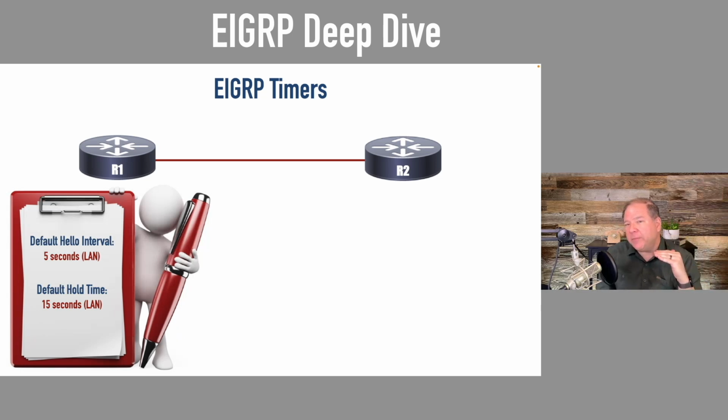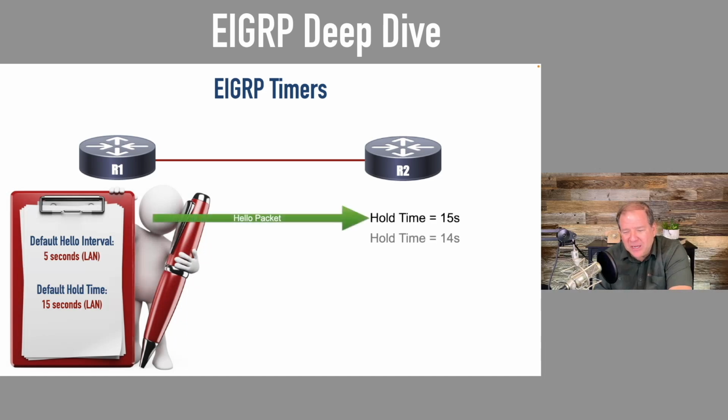And if I've not heard from that neighbor, by default, we can change it, but by default, if I've not heard from that neighbor within 15 seconds, I'm going to say, whoa, I don't think they're there any longer. They should have sent me like 2 or 3 messages in the last 15 seconds. So we're going to tear down that neighborship. So yeah, we could lose 1, maybe even lose 2 hello messages. But if we have 15 seconds elapse and no hellos, we're going to consider them down.